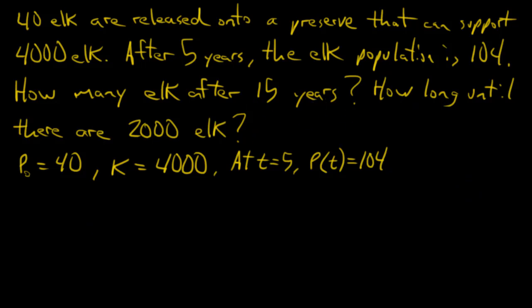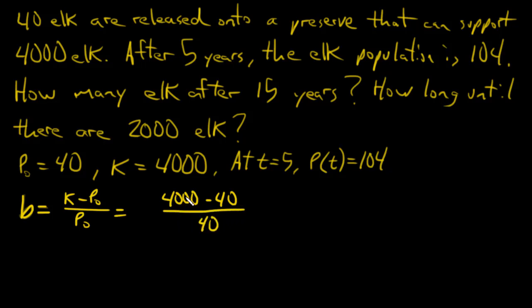So first thing we need to do is figure out what B is. So B is going to equal, oh, my ink flow just went out. B is equal to K minus P naught divided by P naught. So this is going to be 4,000 minus 40 divided by 40. And just looking at it, it's going to be 100 minus 1, right?